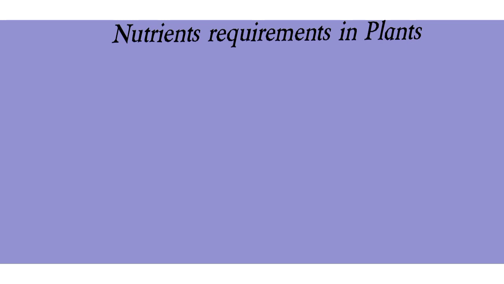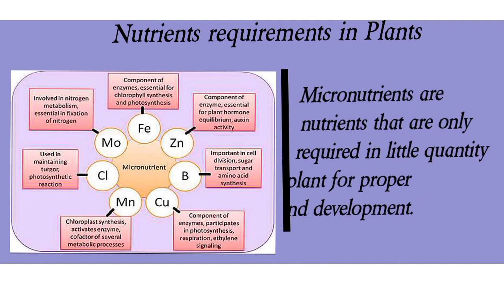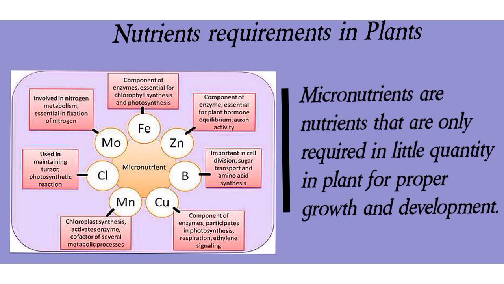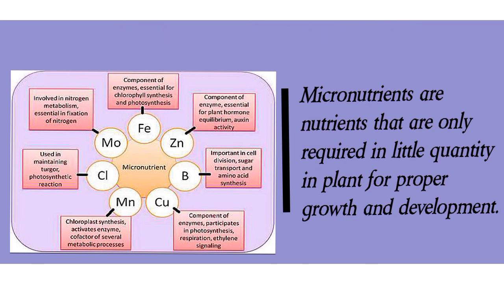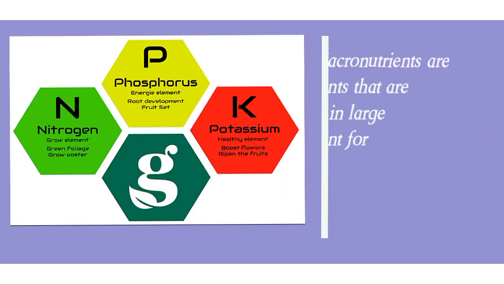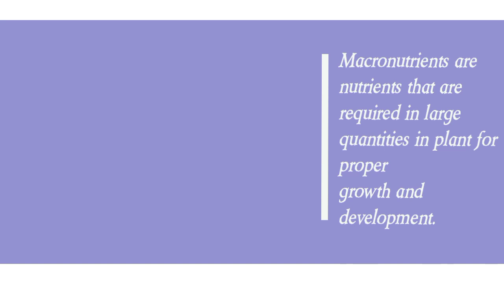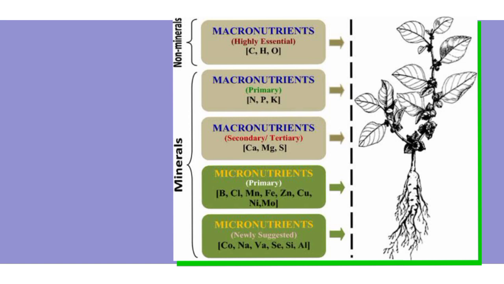Lastly, in this video, we will look at macro and micro mineral nutrients required by living organisms. Micronutrients are nutrients that are required in little quantities for normal growth and development of organisms, while macronutrients are nutrients that are needed in large quantities. These nutrients, however, could also be mineral nutrients or non-mineral nutrients.